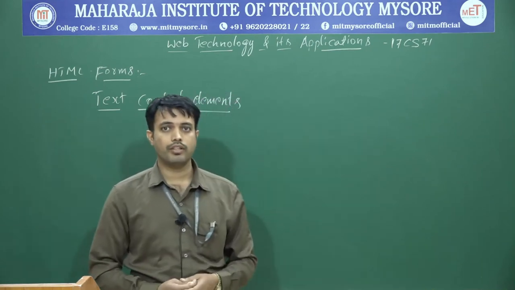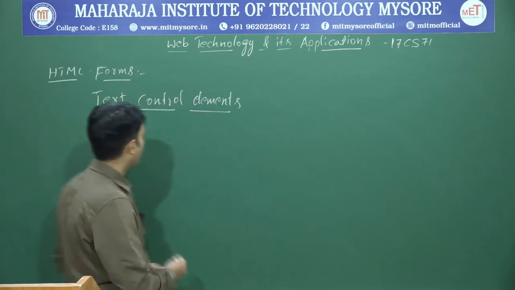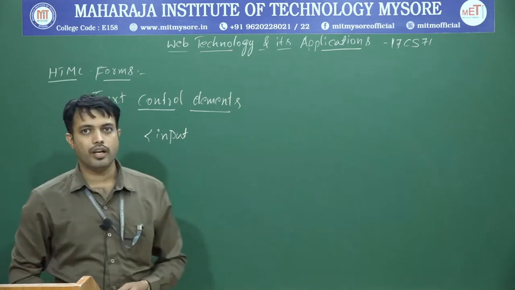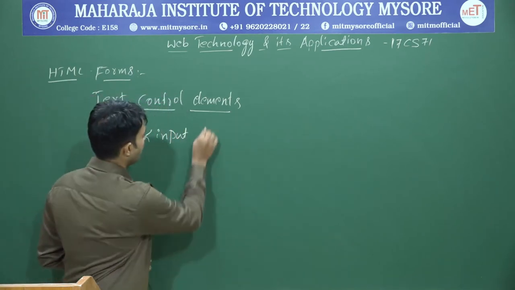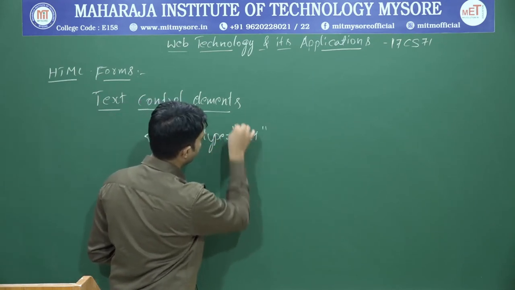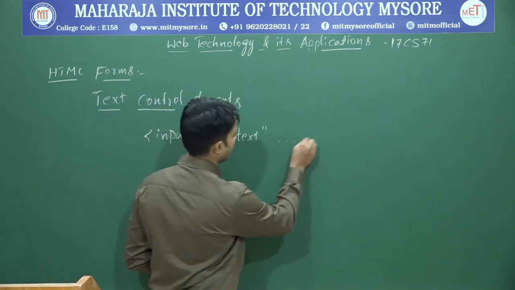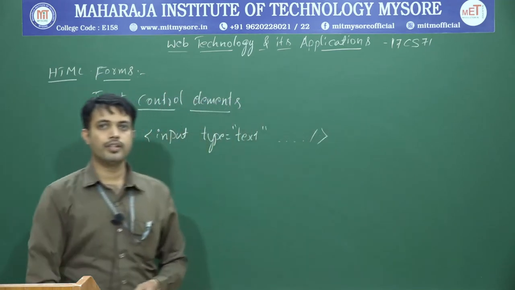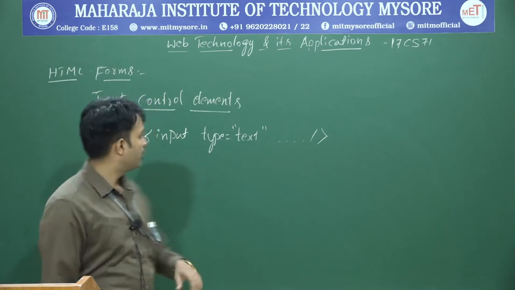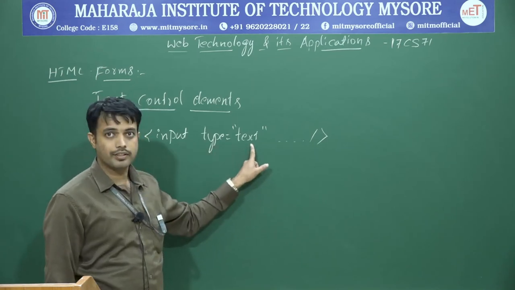As I already mentioned, we have an input tag in order to read information from the user end. So input, and again, I have to read text, so type equal to text within double quotes. In order to read single line data from the user, we use the input tag, and type equal to text, because I have to read the text.